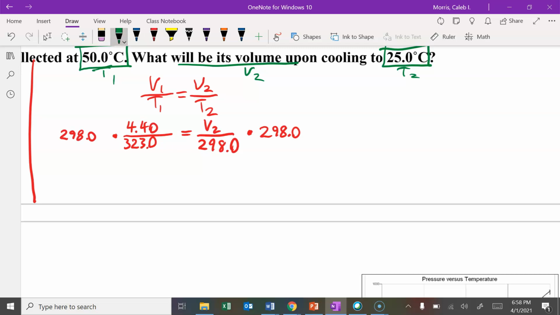Those are two different ways of thinking about the same thing that I'm doing right here. Either way, we do 298 times 4.40 divided by 323. V2 will equal 4.06 liters. All right, that's a look at Boyle's law and Charles' law.